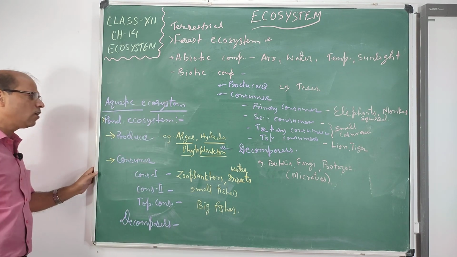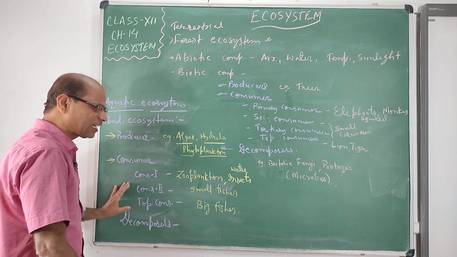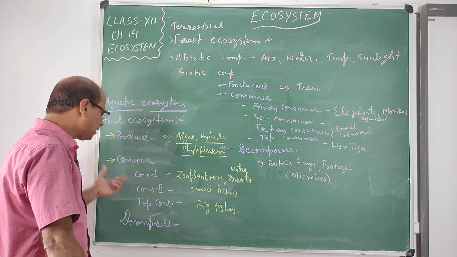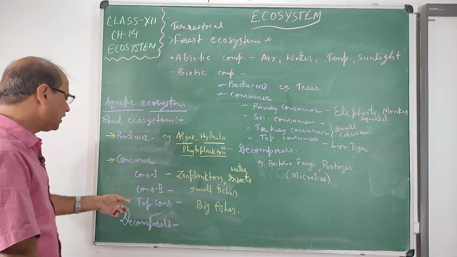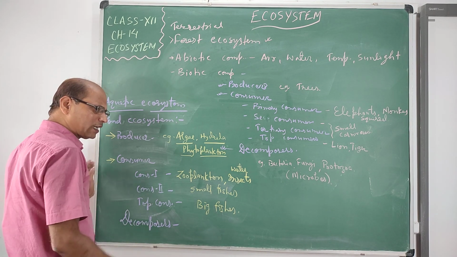And you know that after the whole activity of consumption takes place, the living organisms are mortal, so they will die. After death, what happens? It will go to the decomposer for decomposition.